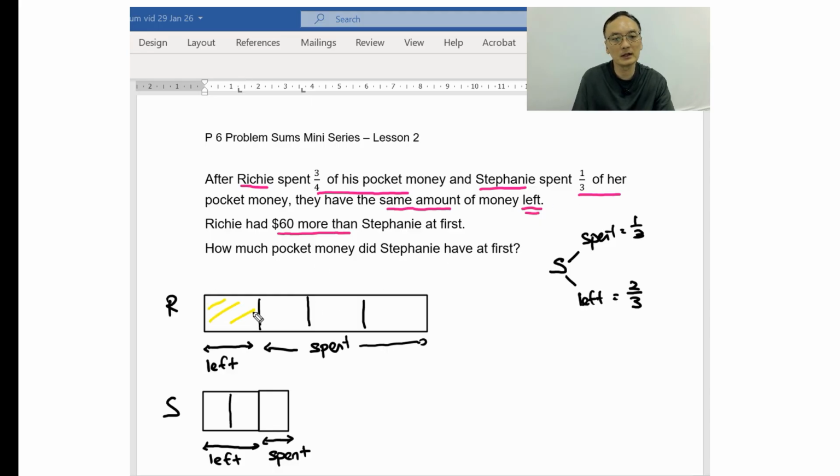So maybe I will highlight in yellow to represent that they have equal amount of money left. And the last piece of information tells us that Richie has $60 more than Stephanie. So here is the difference of $60.